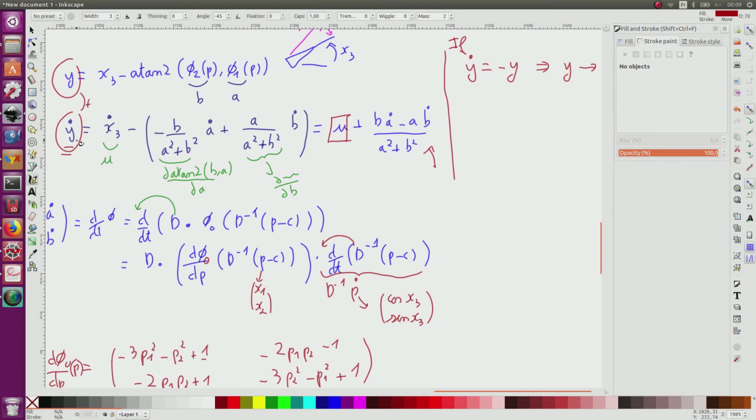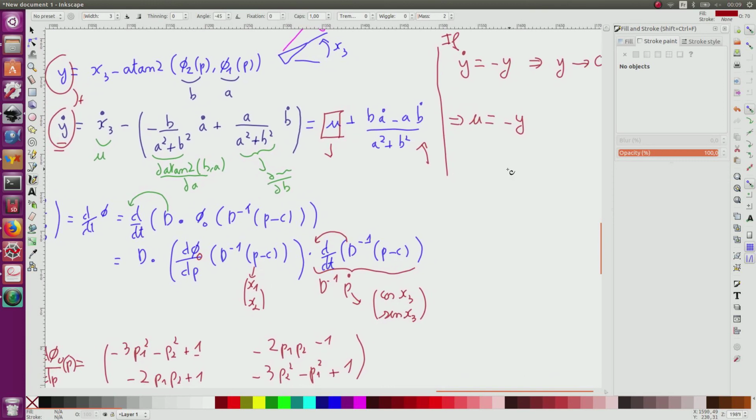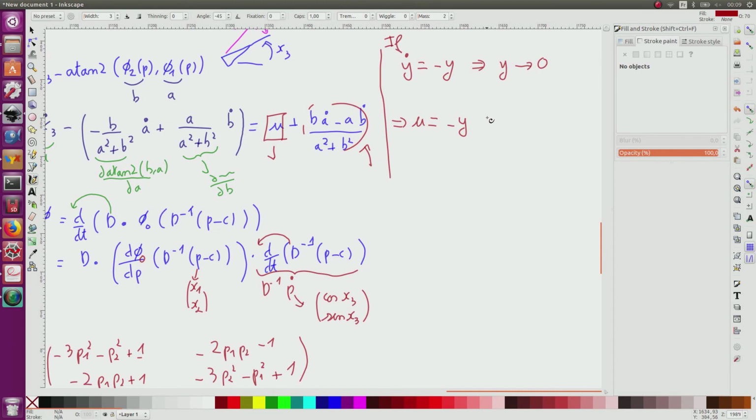So if this one plus this one equals 0, I will isolate u, and I will obtain u equal, so it will be minus y given here, and I will also have this part, which corresponds to minus b a dot plus a b dot, divided by a square plus b square.